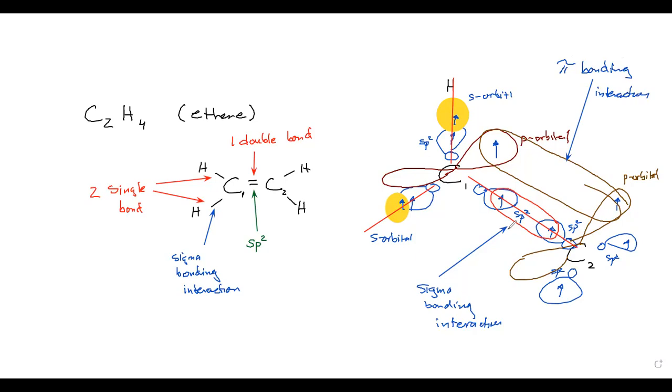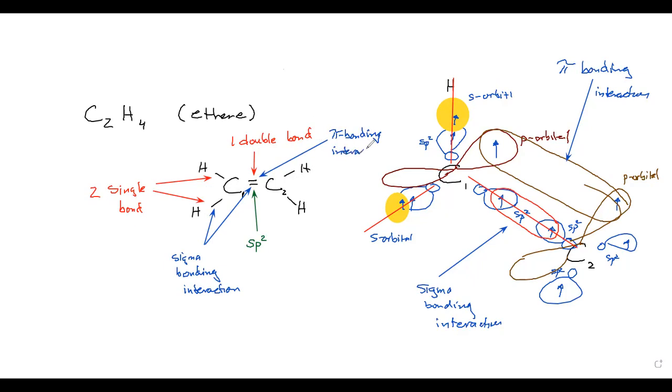One of the bonds in the double bond will be sigma bonded. But the second of the two bonds, which I'm pointing to up here, is going to be a pi bonding interaction. And that will always be true for a double bond.